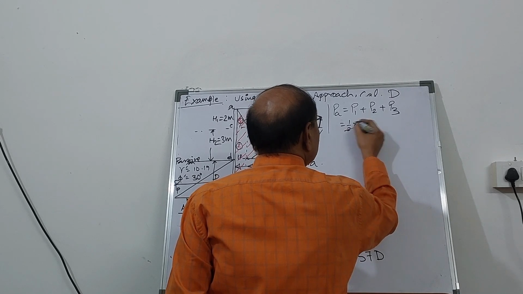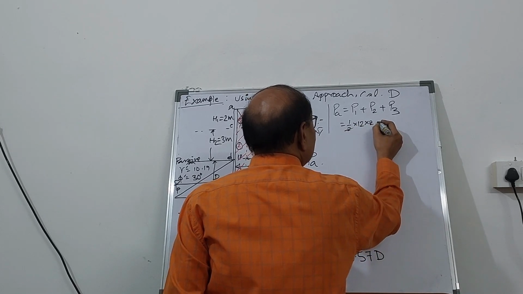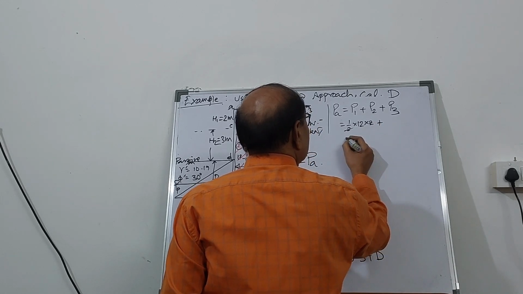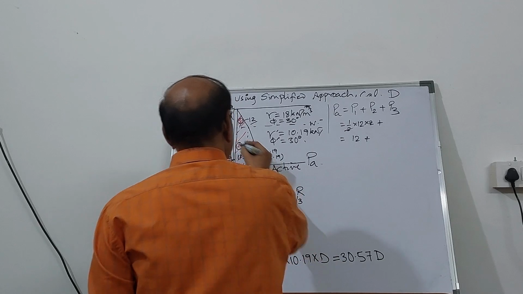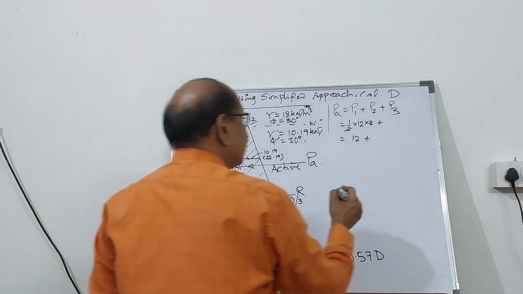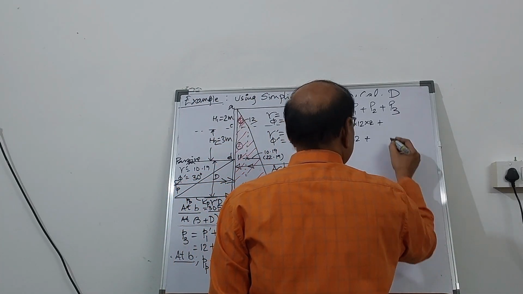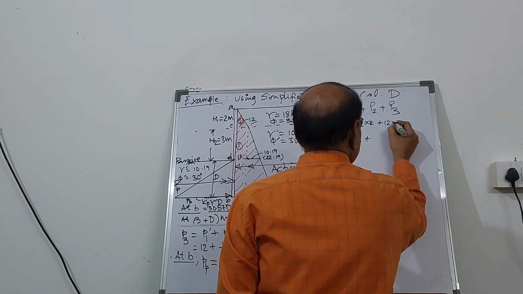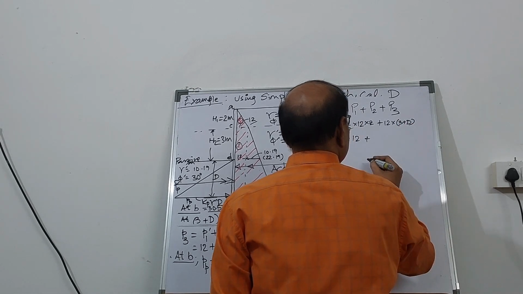So P1 becomes 12. So it becomes 12 plus P2. P2 is the area of the rectangular part. So it is going to be 12 into 3 plus D.